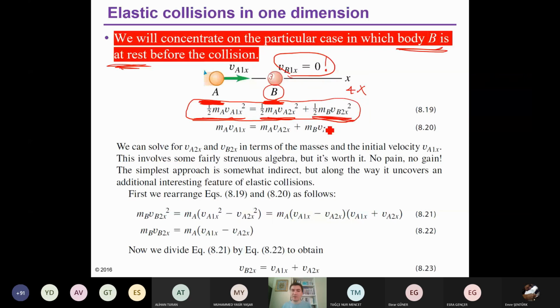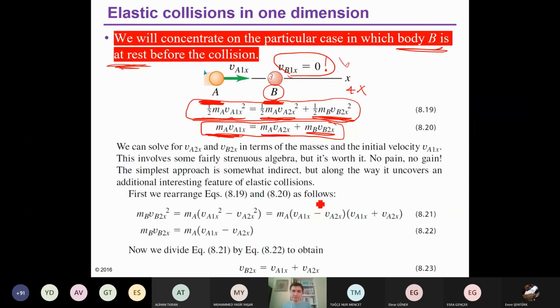What about the momentum conservation in this second equation? So initial momentum of the A ball plus initial momentum of the B ball. Since the velocity of the B ball is 0 at the beginning, there is no contribution to the momentum. In this equation, we have only momentum from the A ball. Then after the collision, we have momentum from both A and B balls.